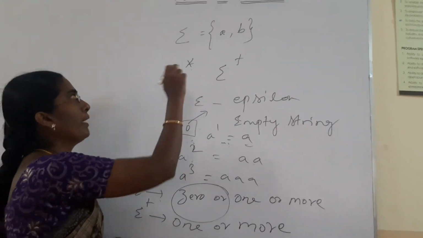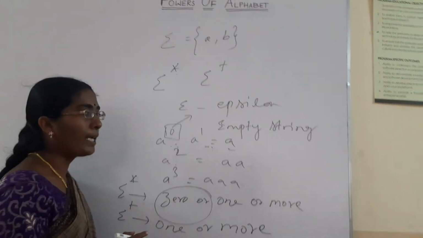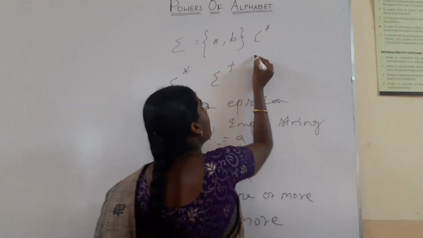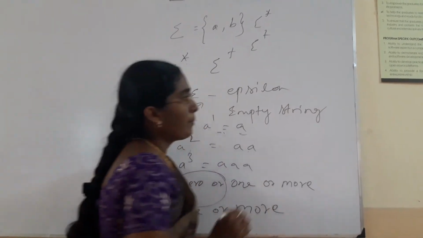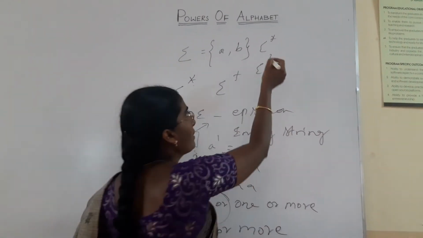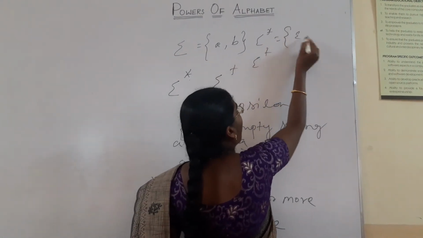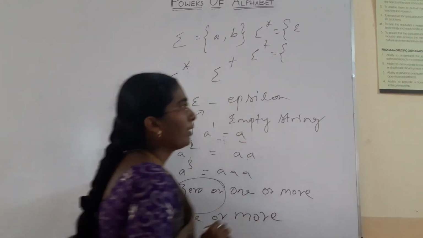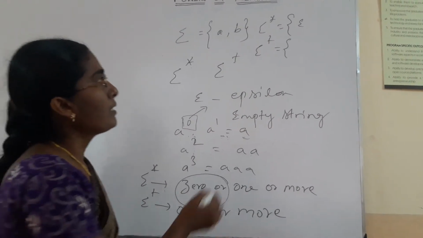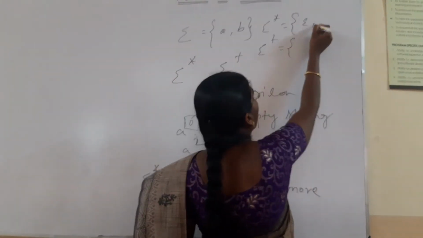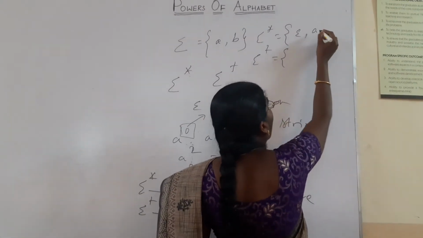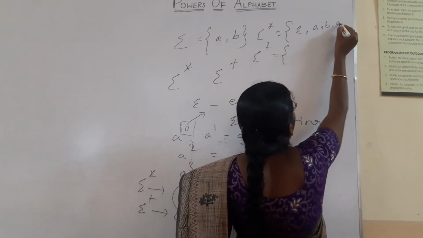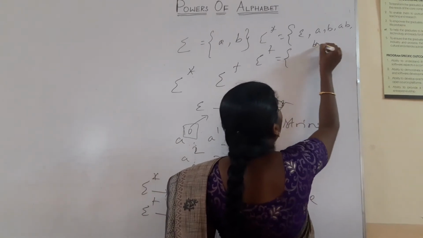Consider our alphabet summation equal to a comma b, right? So what is summation star and what is summation plus? Summation star includes epsilon, right? Summation plus excludes epsilon, right? And what are the other symbols? Summation star consists of a alone, b, and combinations like a b, b a.